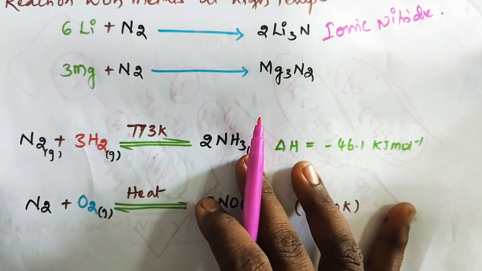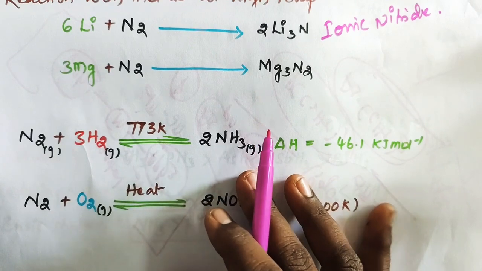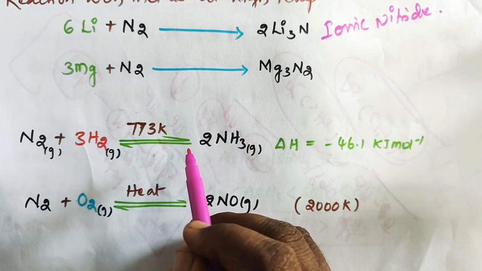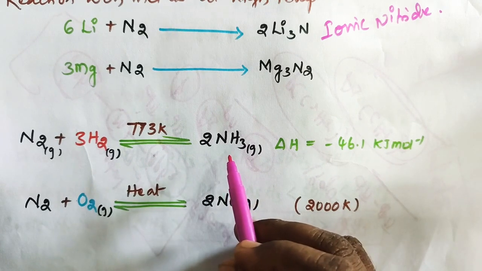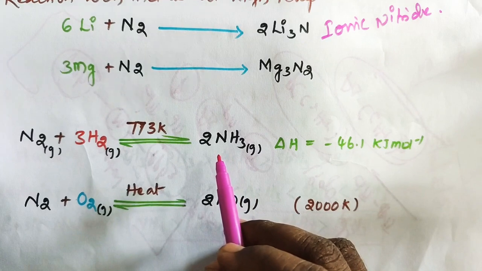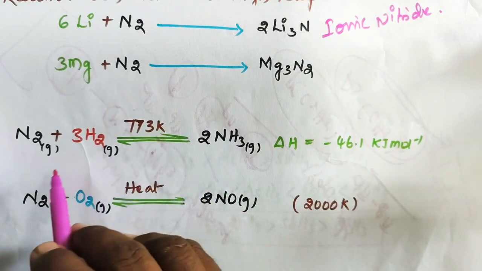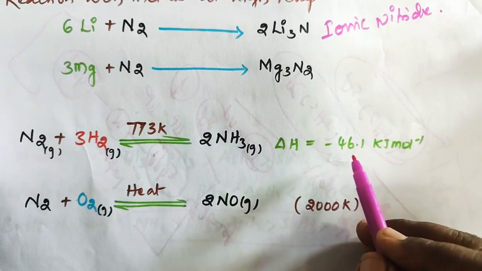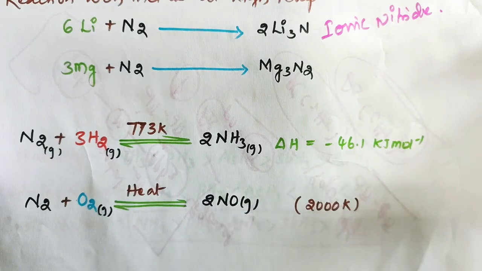Nitrogen gas combines with hydrogen gas at 773 Kelvin, and we get ammonia. This reaction is carried out in the presence of a catalyst, and it is called the Haber process, ammonia preparation. We get the energy ΔH equal to -46.1 kJ per mole.